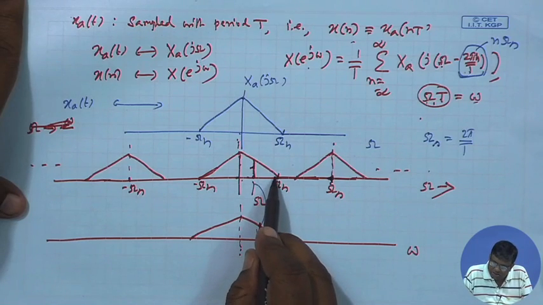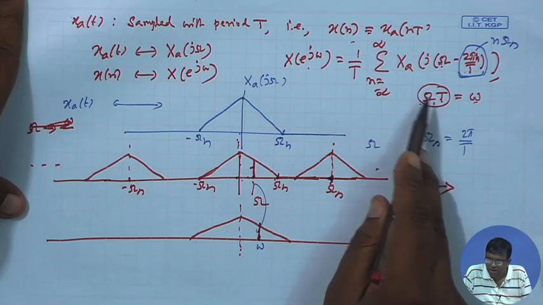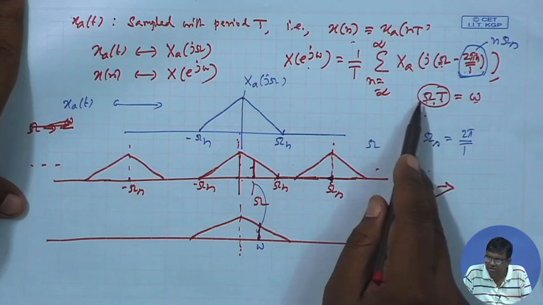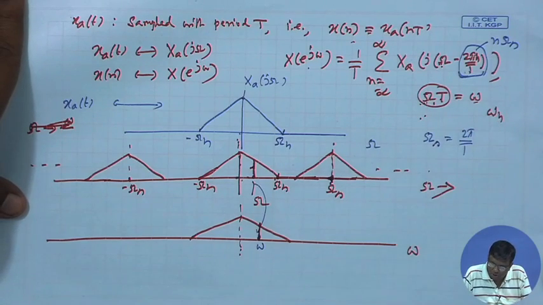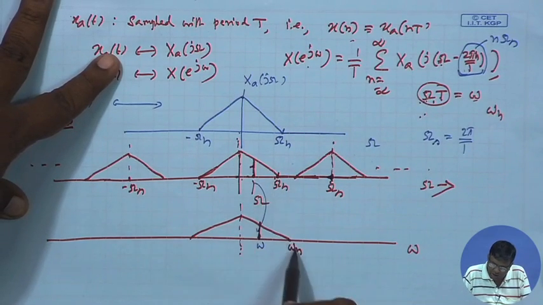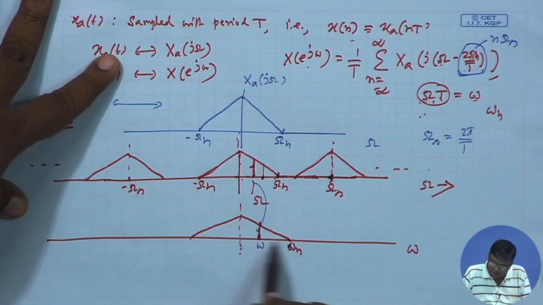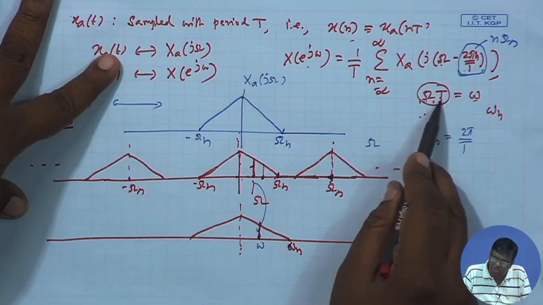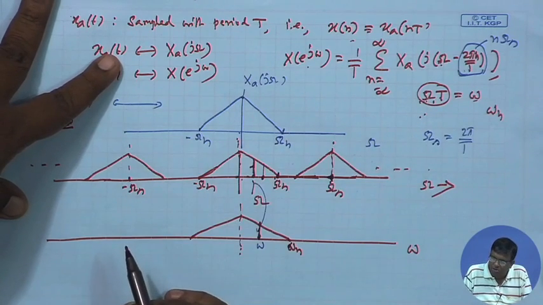If capital omega h is 0, what is the corresponding small omega? That capital omega h into T, radian per second into second cancels, you get radian. So, you can call it small omega h if it is capital omega h. So, this will be small omega h, which is capital omega h into T. At that point, this 0 will come. So, at every capital omega, whatever value you have, that will come to this plot at that capital omega times T, so much of digital frequency. This is how one plot will be converted to another one.